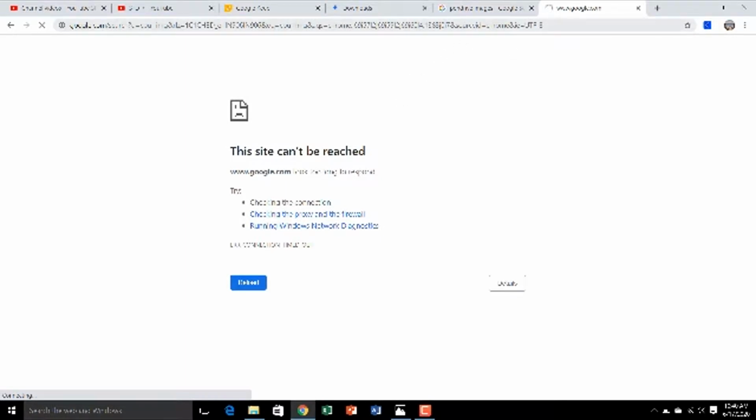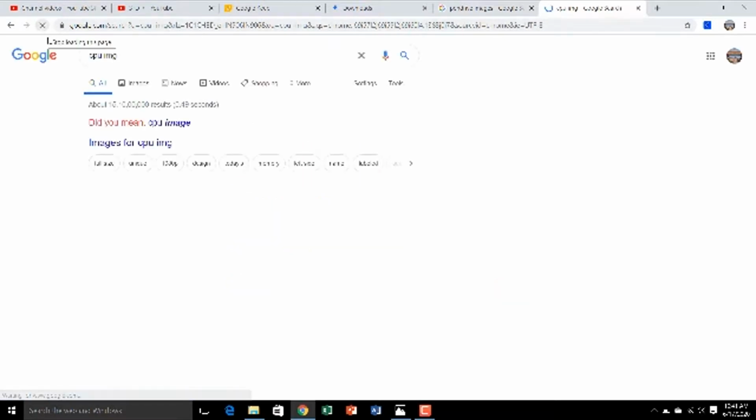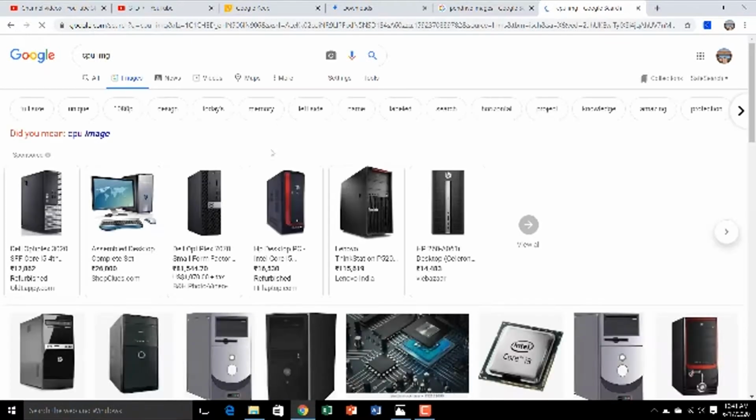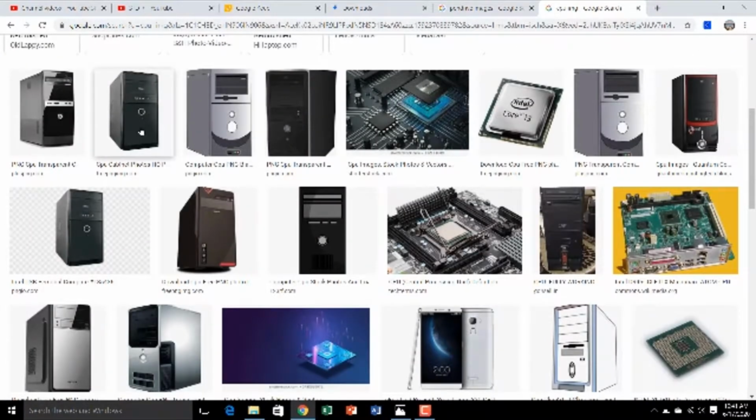Actually, this box is not the CPU. This is the name of the cabinet. So what is the CPU?